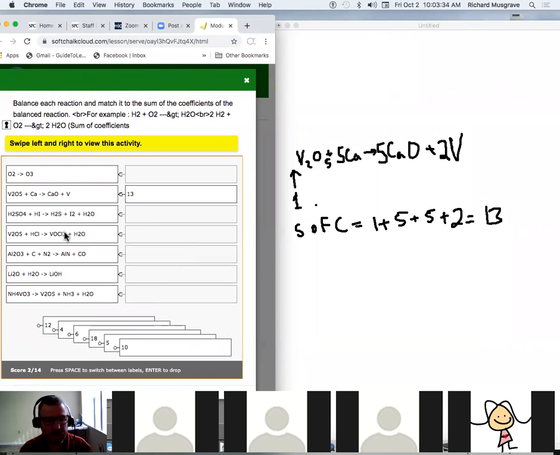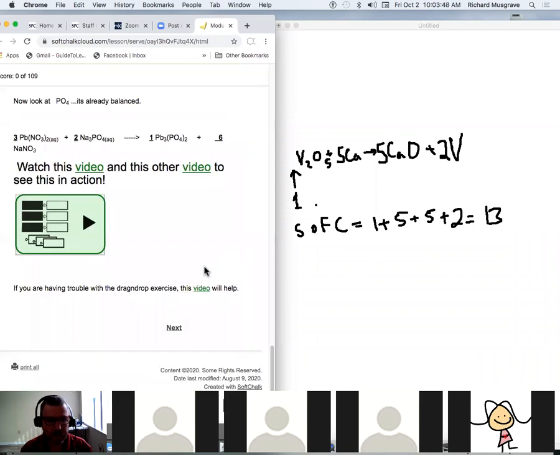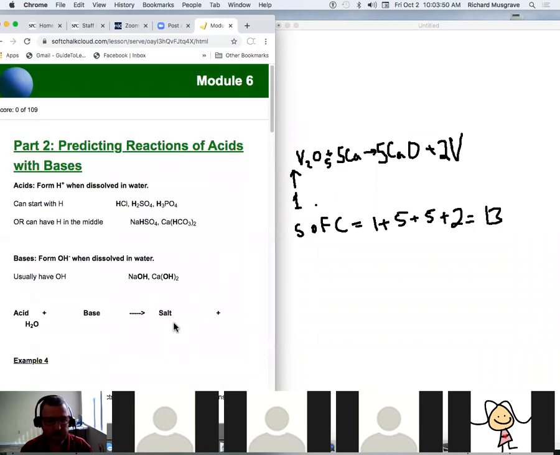Those examples are fairly similar to the kinds of examples you might see on a test as well. Does anybody have any questions about balancing here and what sum coefficients means? Okay. So again, I didn't want to spend too much time on balancing, but the rules are as follows.